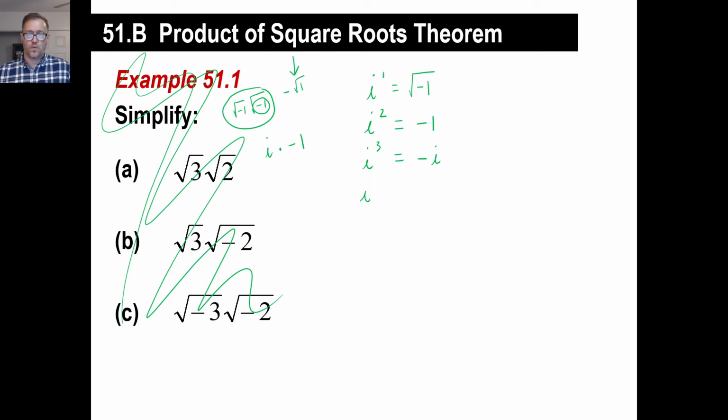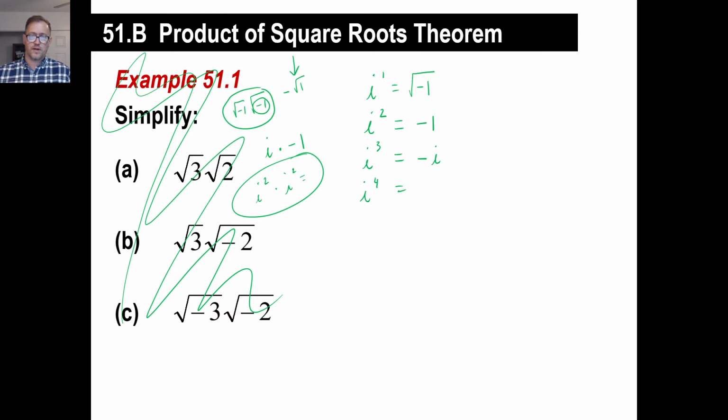i to the 4th, logically, based on what we've done so far, what would i to the 4th be? How about we take i to the 4th as the same thing as i squared times i squared, right? Isn't that logical?